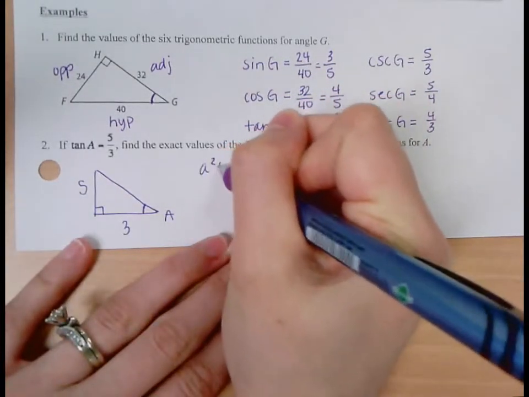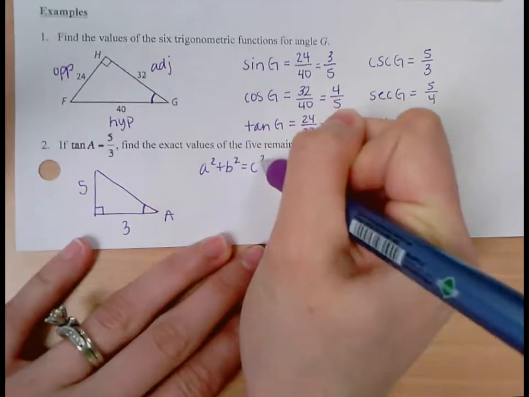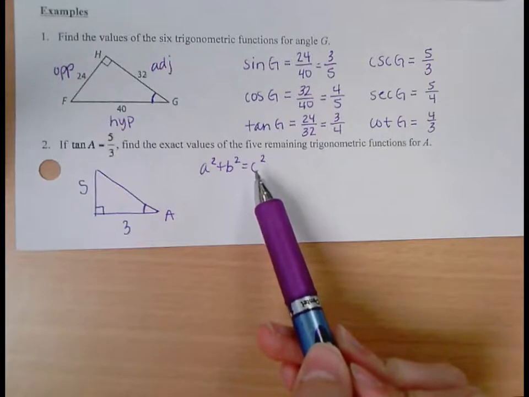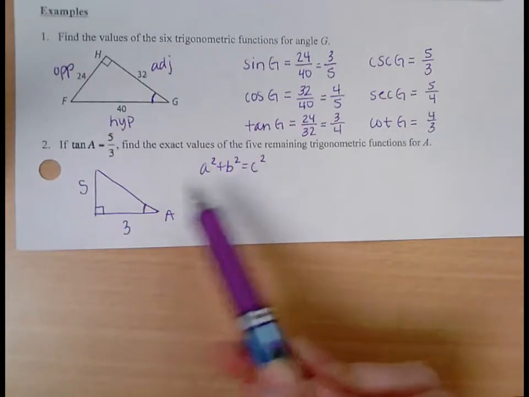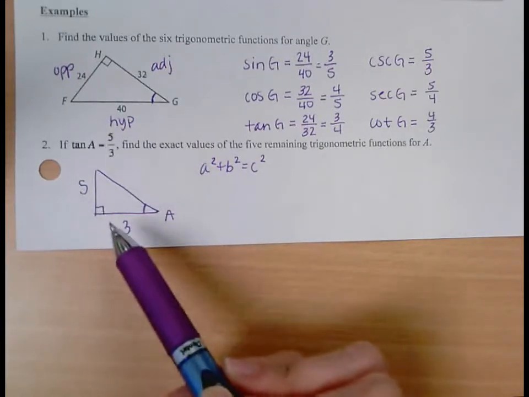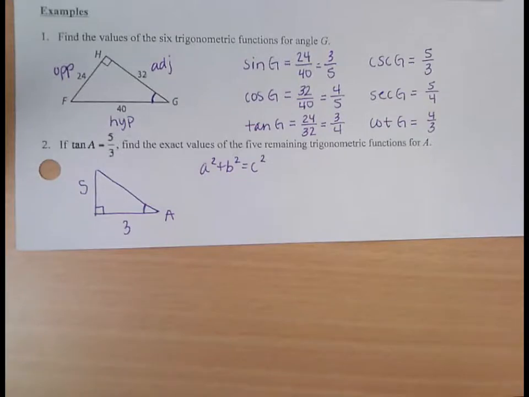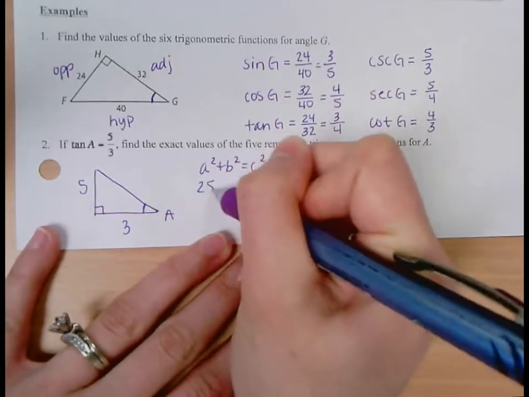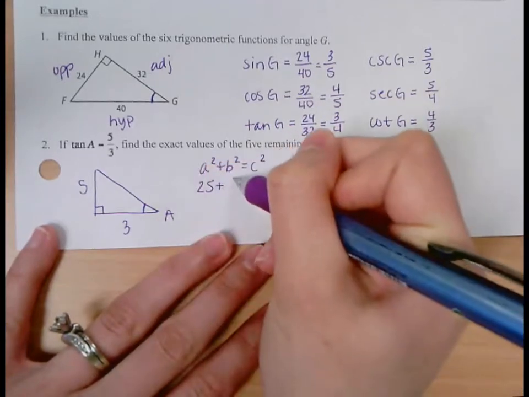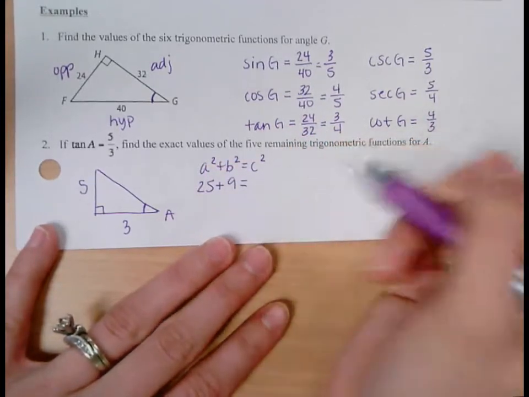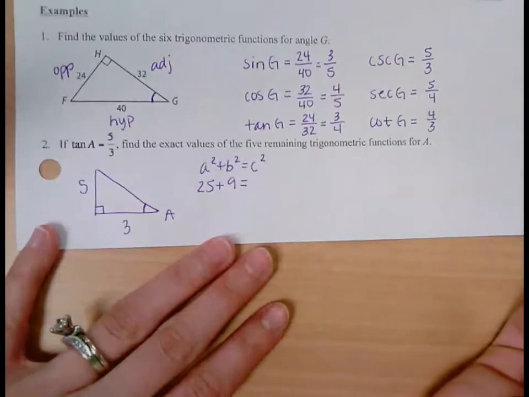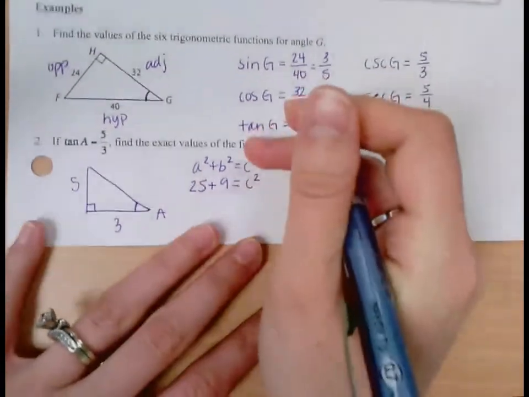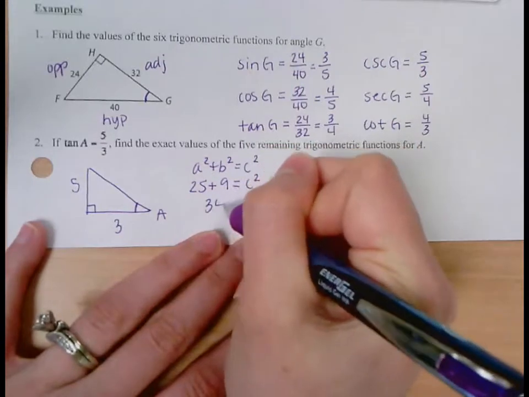So a squared plus b squared equals c squared. All you need to remember in this formula is that c is your hypotenuse. The a and the b, the two legs, it doesn't matter which one is which. So I would have 5 squared, so 25, plus 3 squared, which is 9, equals c squared. 25 plus 9 is 34.